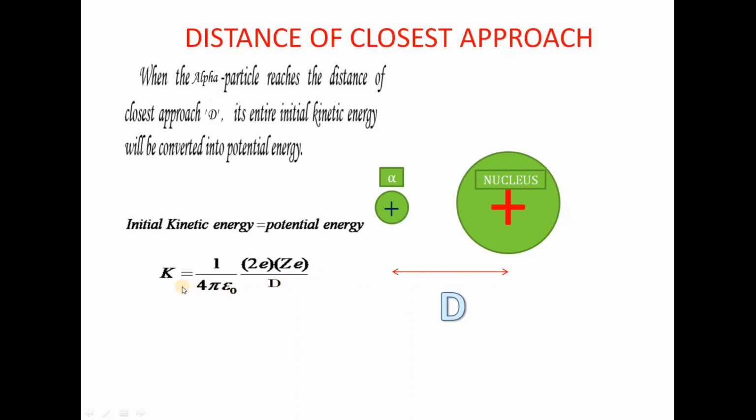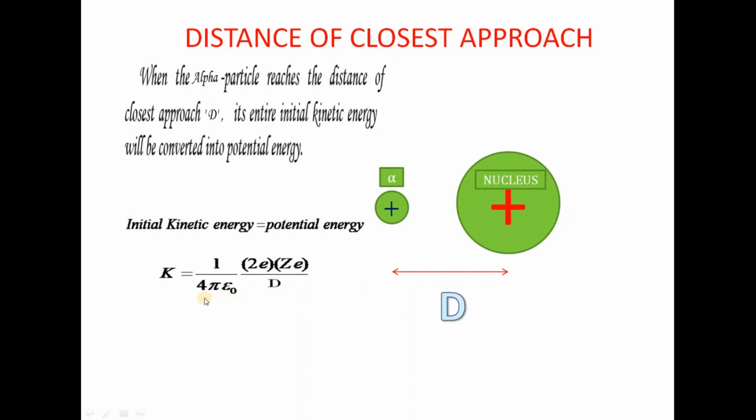The remaining equation is K equals 1 by 4 pi epsilon naught, 2e, that is q1. q1 is nothing but the charge on the alpha particle, that is 2e. q2 is the charge on the nucleus, Ze, and d is the distance between the nucleus and the alpha particle.